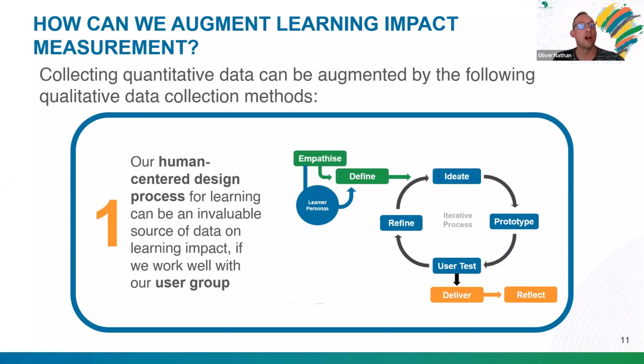Because we run this over multiple iterations, we can start to, over time, collect some really powerful data to help augment the quantitative data that we might be collecting already in terms of the evaluation forms that we often push out to participants on our training, whether that is internal or external.